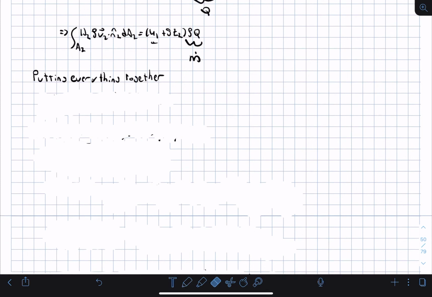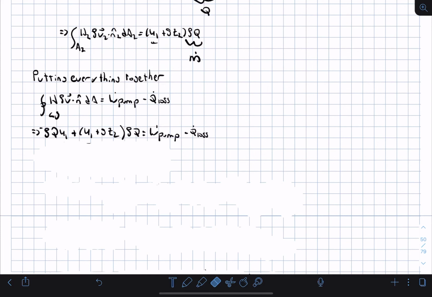And then the integral over the entire control surface from the first law is equal to the pumping work going in and minus our heat loss going out, which is what we're trying to find. Then we can substitute in our results for the surface integral.